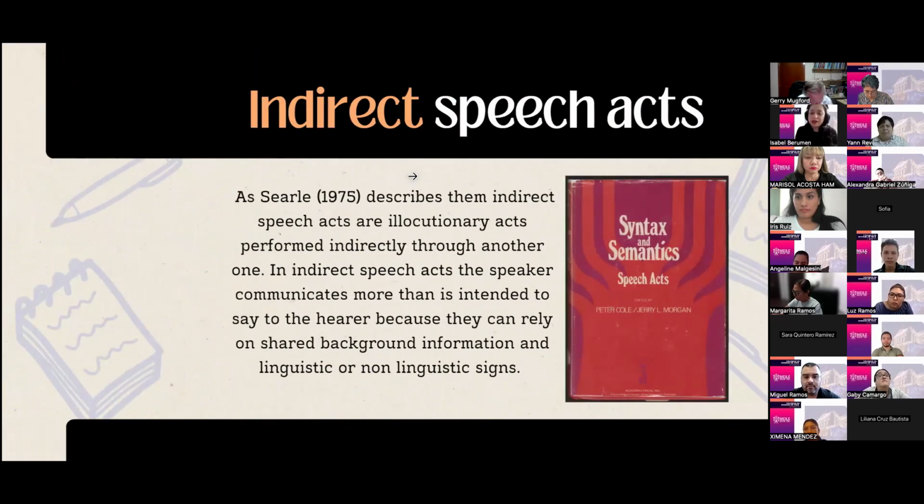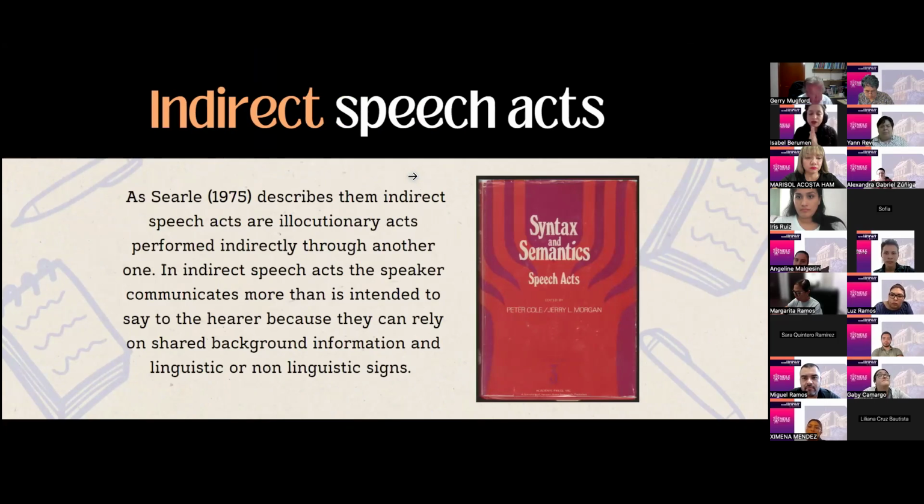And as I said, indirect speech acts is what I want to focus on. Here what happens is that you mention something indirectly and you probably say more than you intend with the original message. And you only understand if there is enough background information and linguistic or non-linguistic signs.